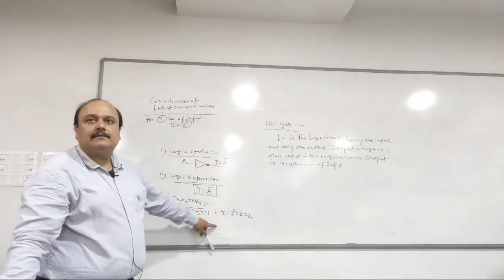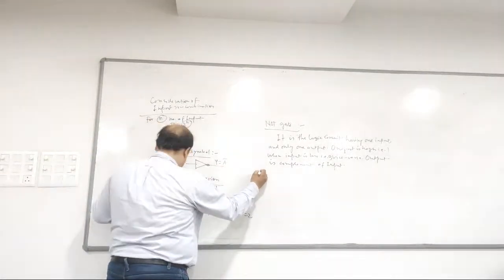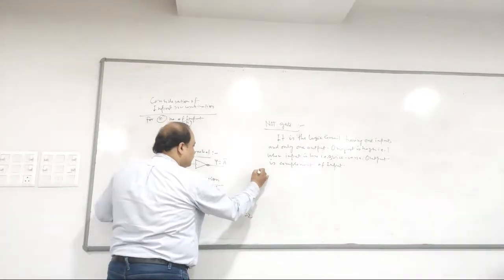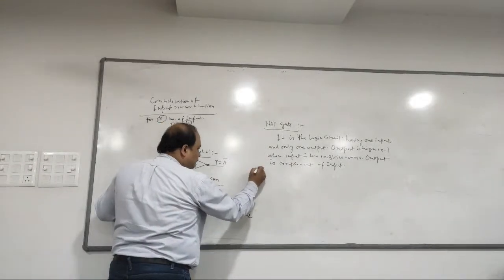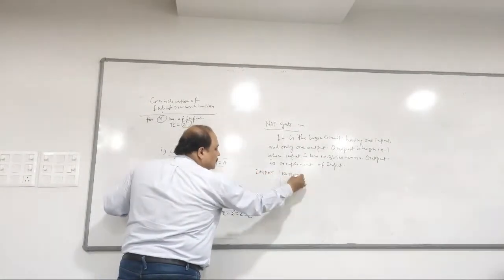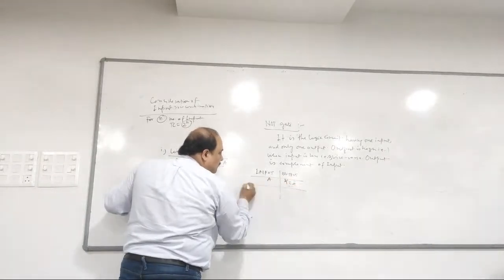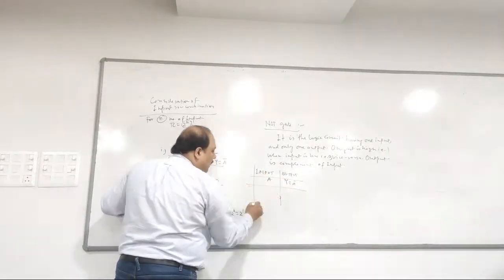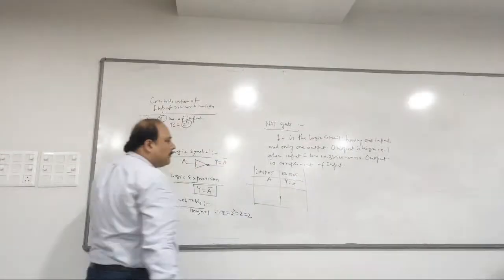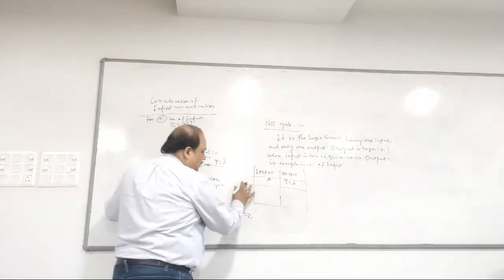Now in this case, the number of inputs is 1. So what about the truth table? Number of inputs is 1, so how many combinations do we have? 2.